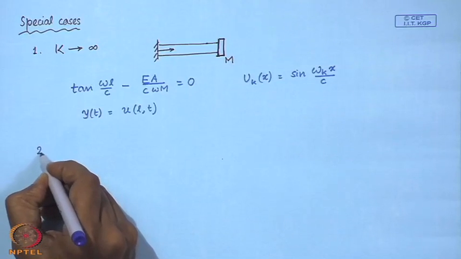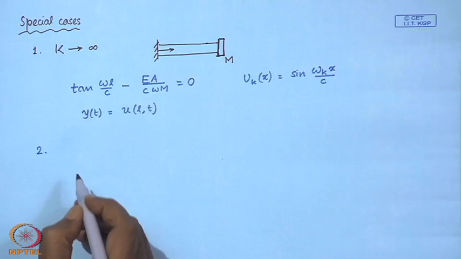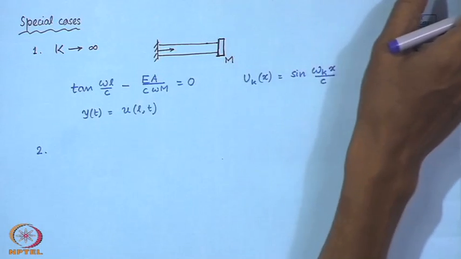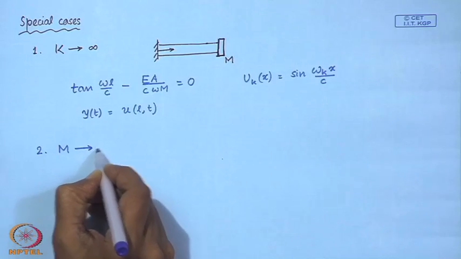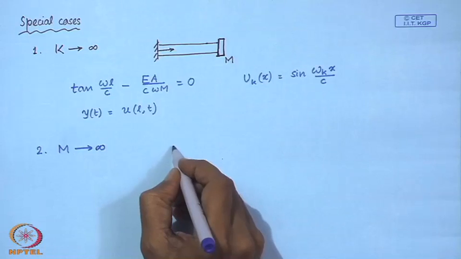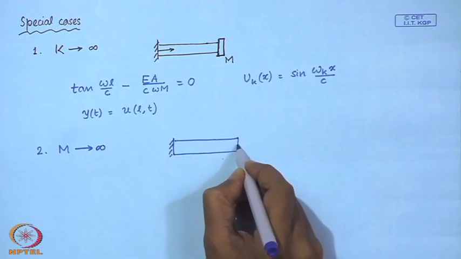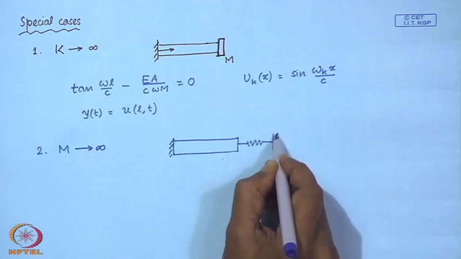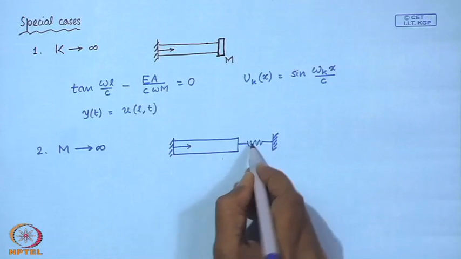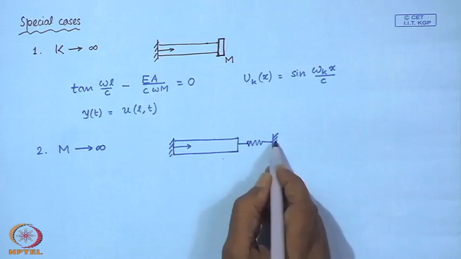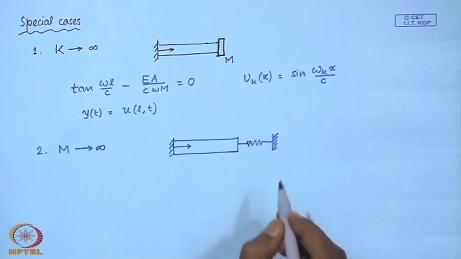The second special case is when this mass becomes infinity, m goes to infinity. So, in that case the system simplifies to this. So, the end of this bar is connected to a spring which is attached to a rigid wall.